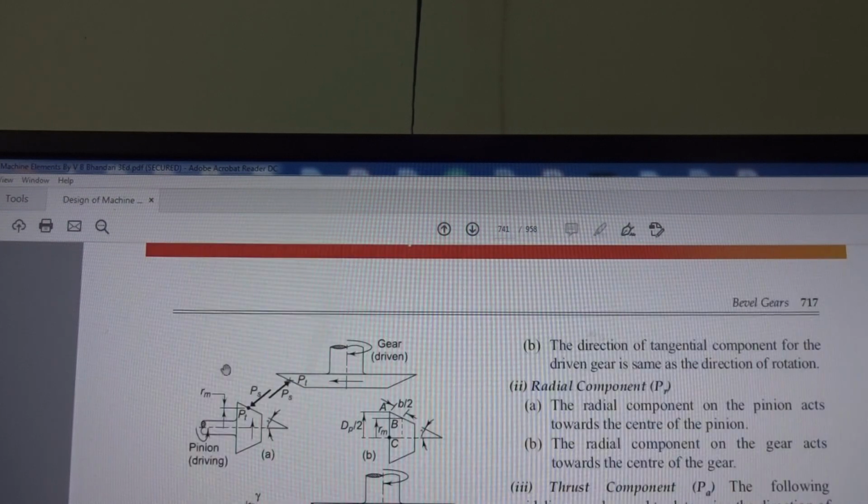So at this point it rotates in this direction, so PT acts towards the observer and perpendicular to the plane.